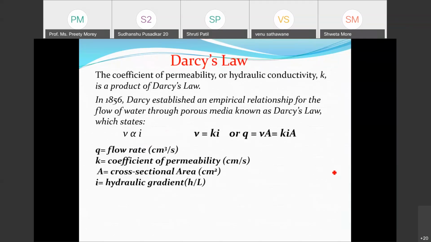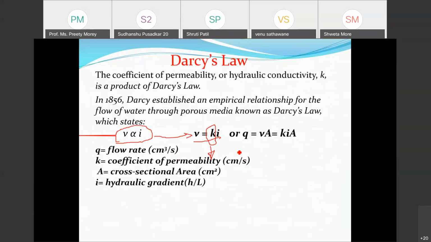So V is directly proportional to i. If I equate, I get V is equal to K into i. This constant of proportionality, K, is termed the coefficient of permeability.